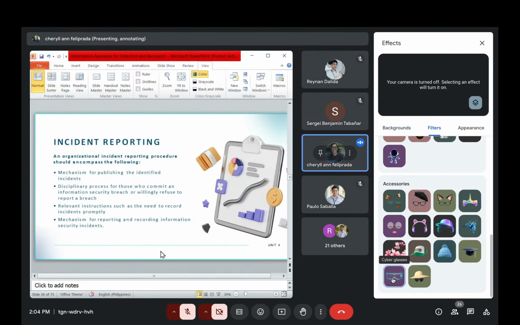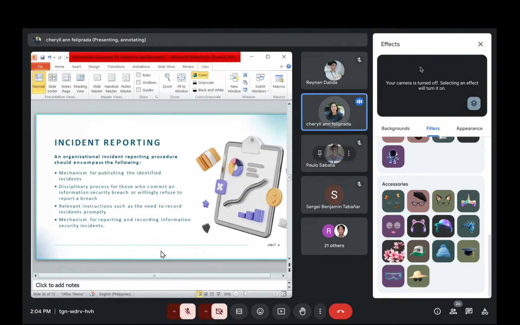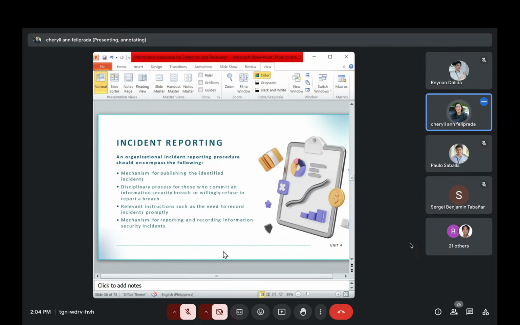Now moving on, an organizational incident reporting procedure should encompass the following: the mechanism for publishing the identified incident, a disciplinary process for those who commit an information security breach or willingly refuse to report a breach, and relevant instructions such as the need to record incidents properly and the mechanism for reporting and recording information security incidents.